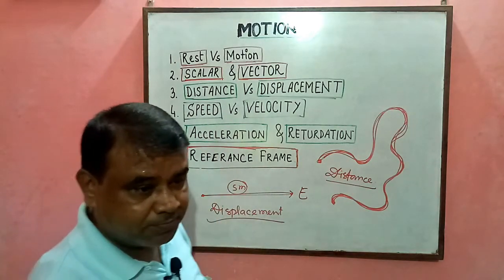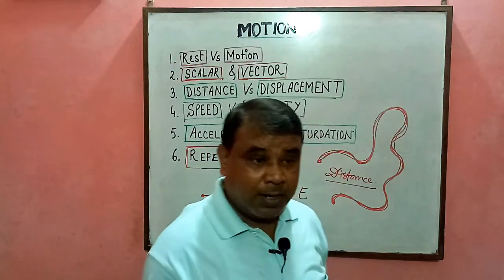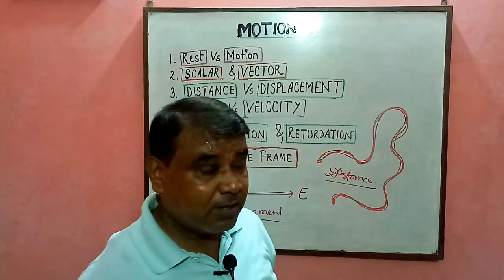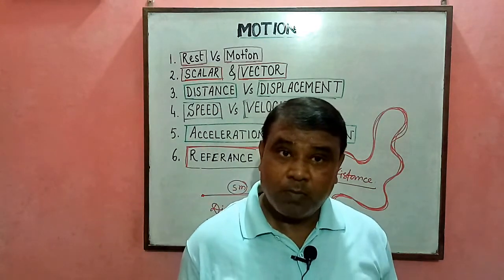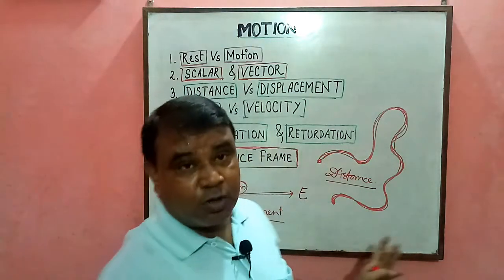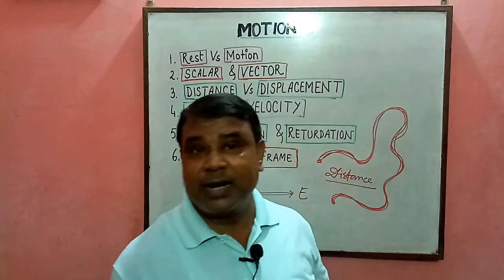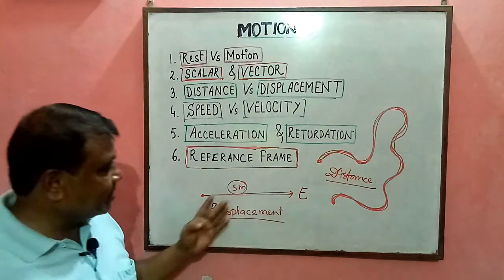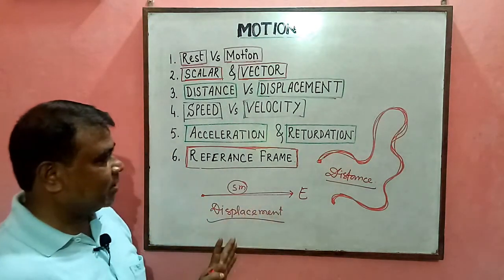The SI unit, standard unit for distance and displacement, both by magnitude is meter. But one is not following any direction, the other one is following a particular direction. When it is a direction, it's a displacement, and it is a vector quantity.